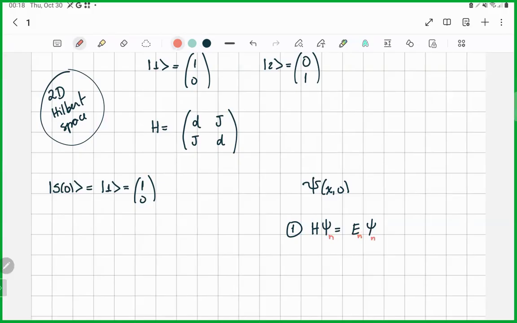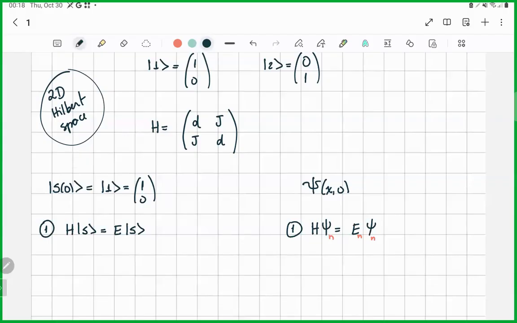And in many cases there, we had infinite possibilities. Well, it's the same story in the case of our two-dimensional Hilbert space. We'll have to solve the time-independent Schrödinger equation. That's it.